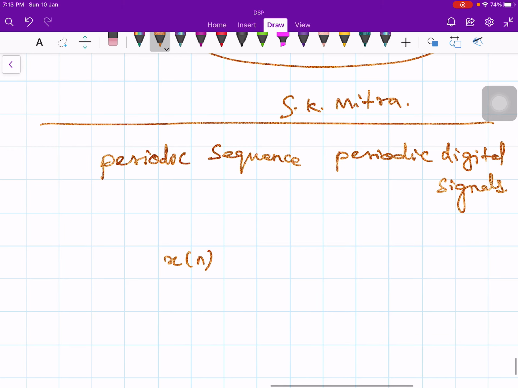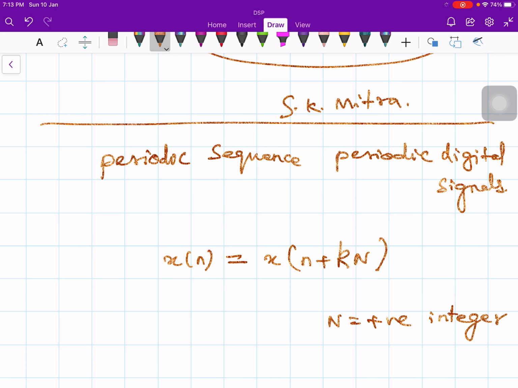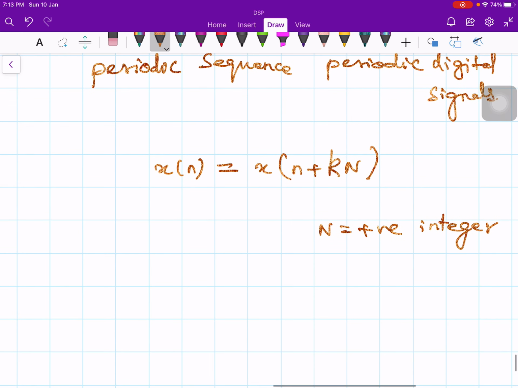When I say x of n, it is a digital signal. x of n is said to be periodic if x of n is equal to x of n plus k times capital N, where capital N is a positive integer. It can't be negative. It must be a positive integer, which means that x of n repeats after every capital N samples. This is called a periodic signal.